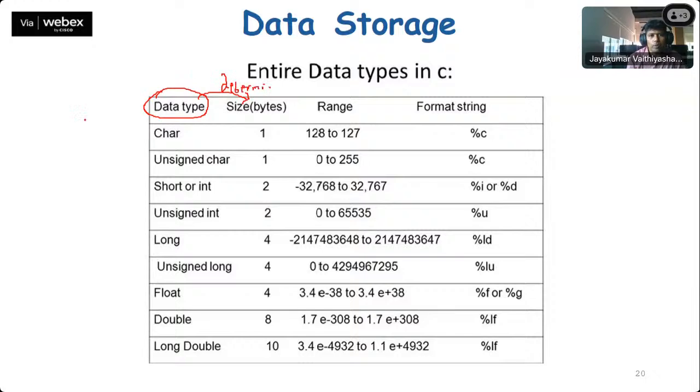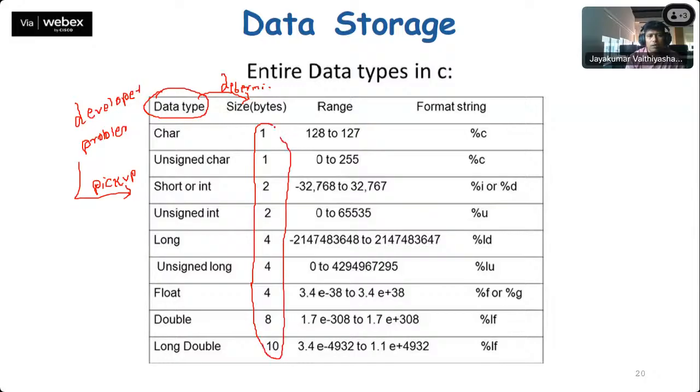So who will decide all this? The developer. The developer needs to understand the problem and pick the suitable data type. According to this choice, the size is allocated for the data.